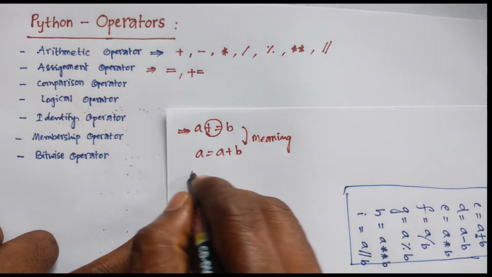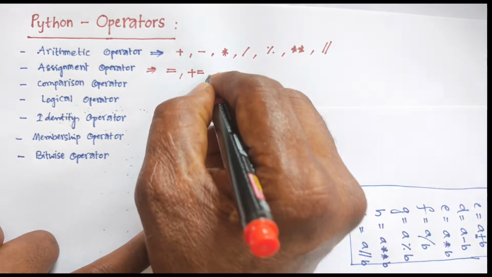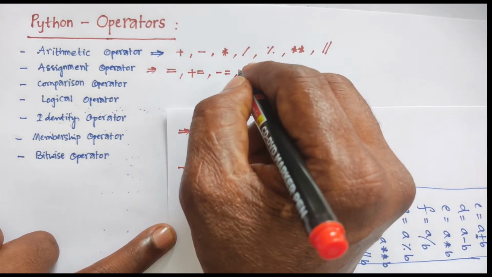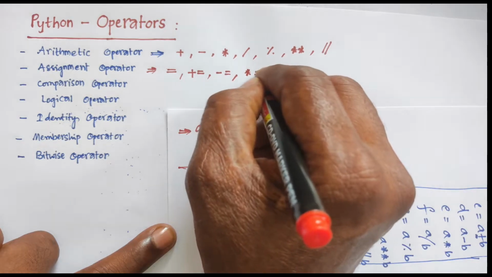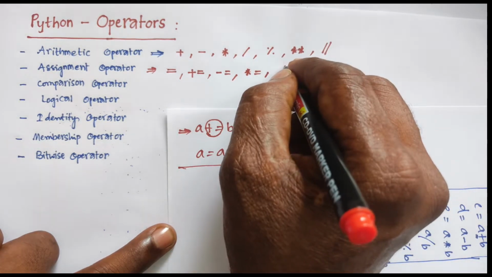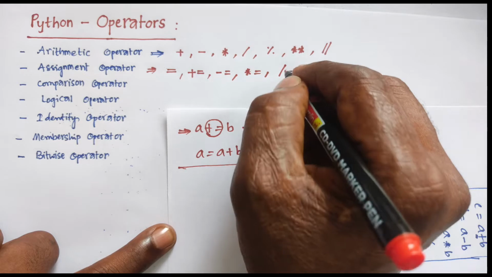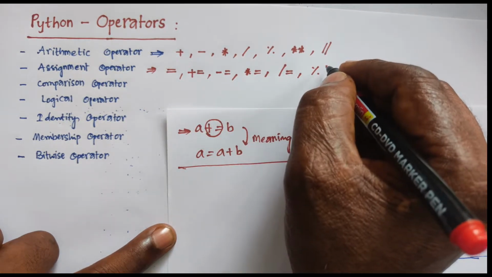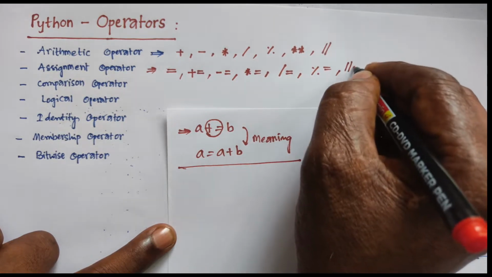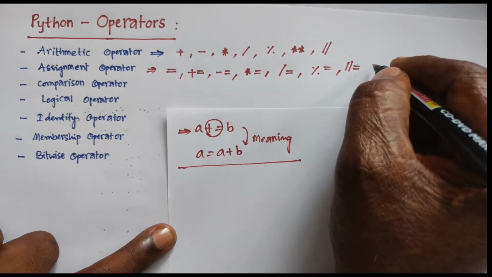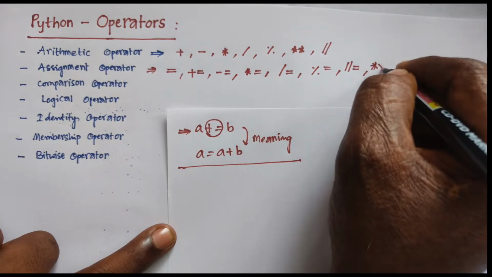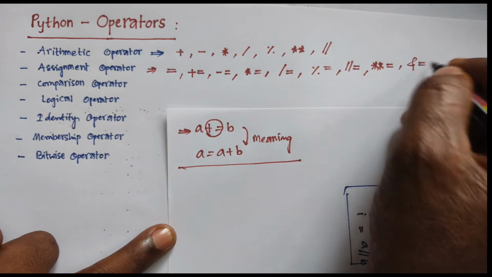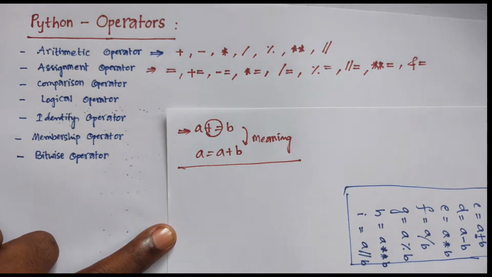Okay. Next one is minus equal to, star equal to for multiplication, division equal to, modulus equal to, double slash equal to, double star equal to, and equal to. How can you represent this type of expression?